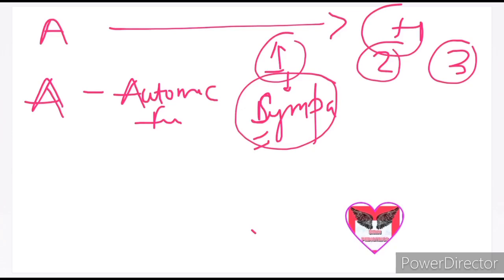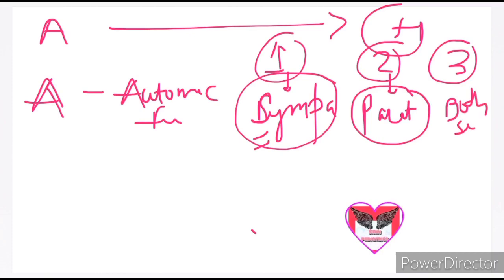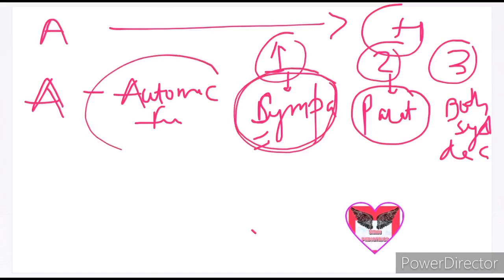In stage 2 we have parasympathetic stimulation, and in stage 3 we have both systems depressed. So remember, first stage sympathetic, second parasympathetic, and third variable.